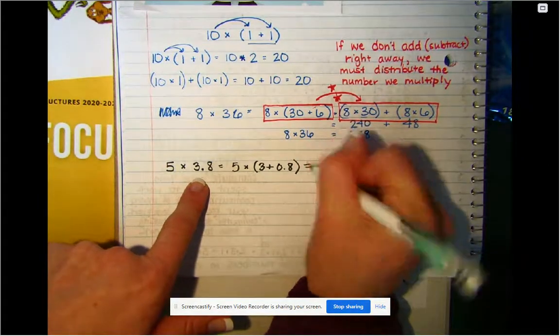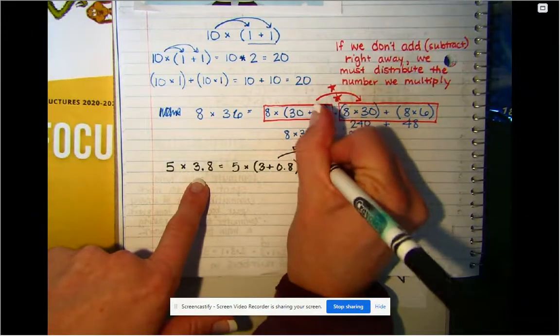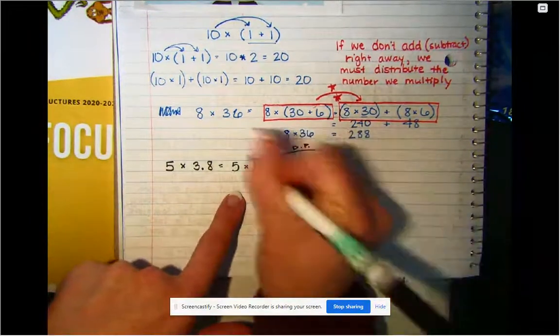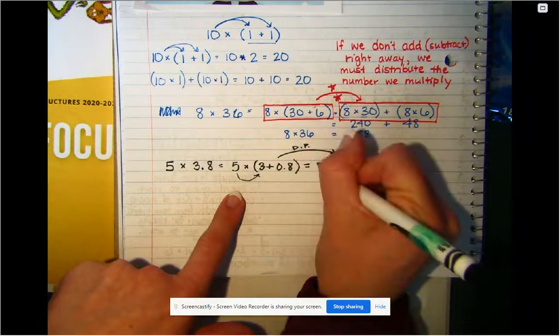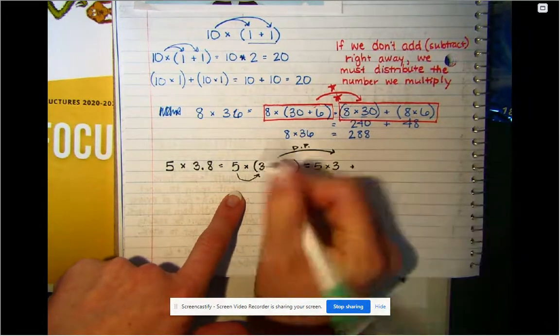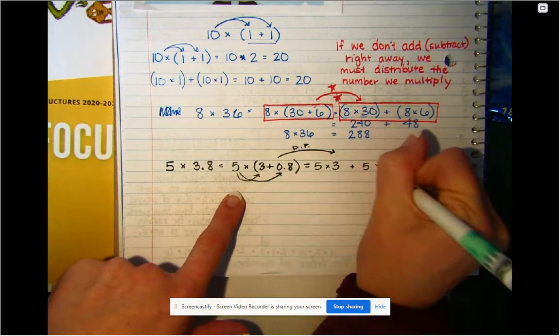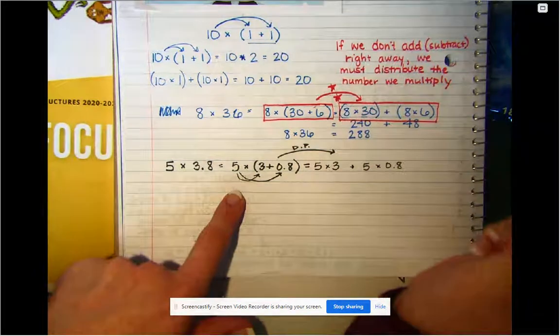Then, here comes the distributive property. I'm doing 5 times 3 plus 5 times 0.8 or 8 tenths.